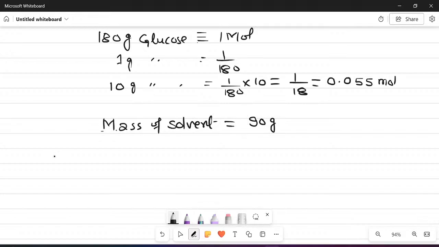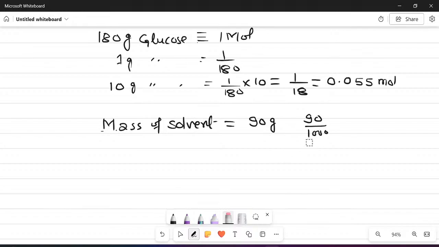So first of all we will calculate molality. 90 gram is equivalent to 90 upon 1000. If I divide 90 gram by 1000, 90 gram will be converted into kilograms.